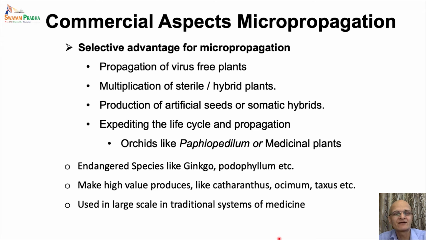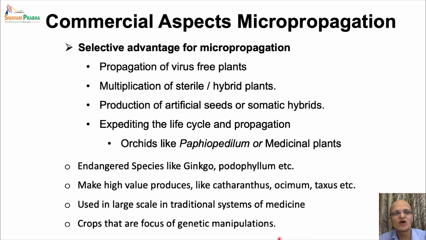These plants would be in high demand if they are part of the alternative medicine system or traditional system of medicine, and hence micropropagation can be successful if the other traditional methods of multiplication are slow, or if these are difficult to multiply using seed dispersal or using the sexual seed production methods, like Amblyca or Phyllanthus terminalia. These all are plants which are used at a large scale in the traditional methods.